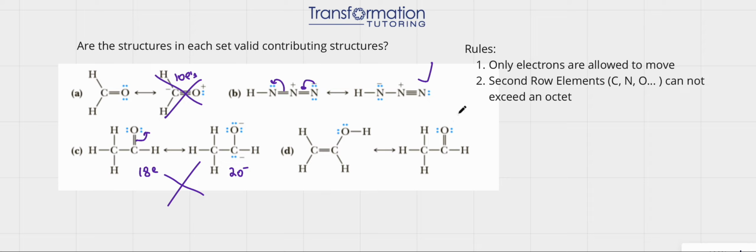So clearly, not only electrons were moved, clearly the hydrogens were moved. They basically took a hydrogen from here and moved it here. And we know that for resonance structures, we cannot move atoms. We can only move electrons. So these must be wrong as well.